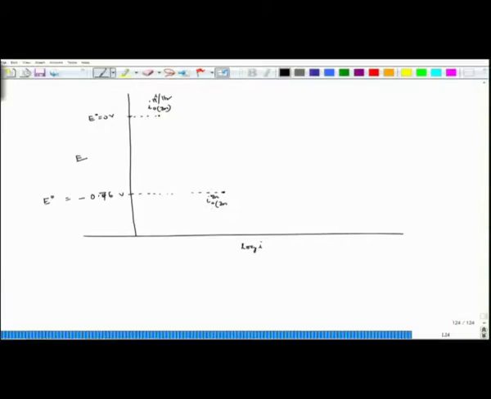I simply put zinc without writing Zn2+ slash Zn, because it takes a little bit of space. This is the situation to begin with. Here it indicates H2; this is the non-corroding reversible situation at this point.